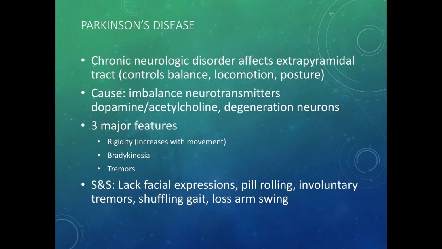The next condition we're going to talk briefly about is Parkinson's. Parkinson's disease is a chronic neurologic disorder that's progressive, and it affects the EPS or extrapyramidal tract, so controlling balance, locomotion, posture.